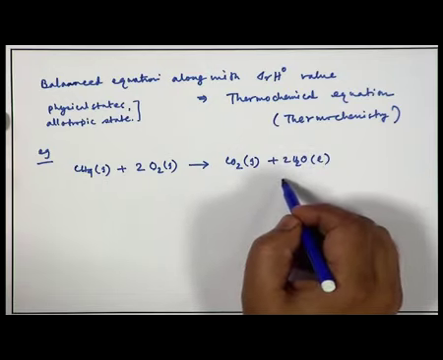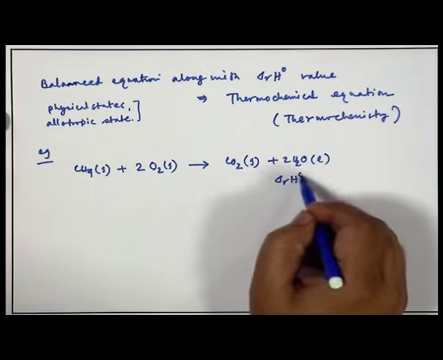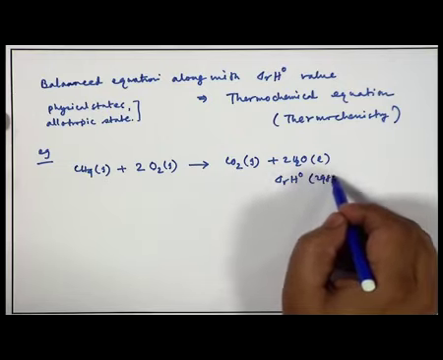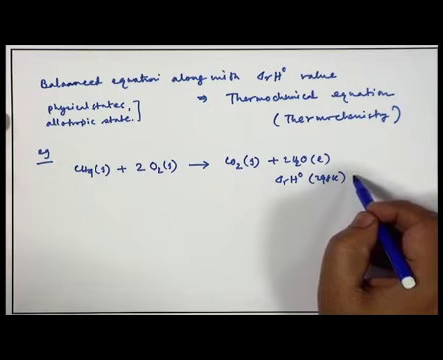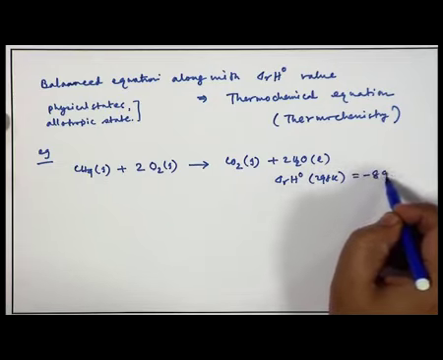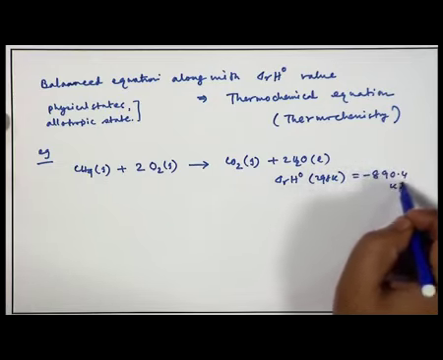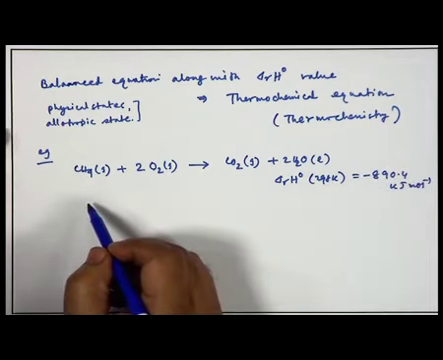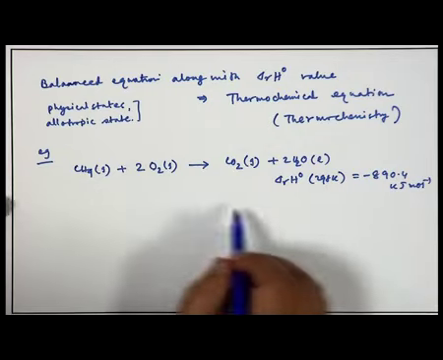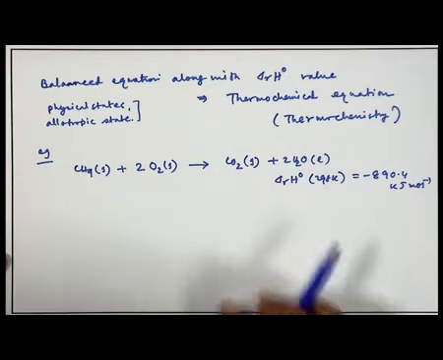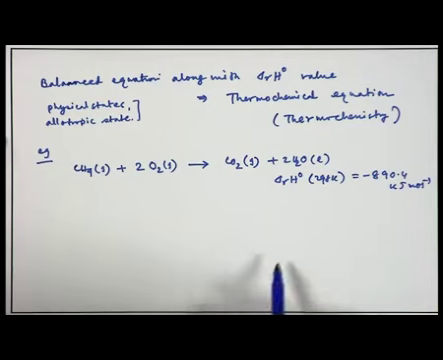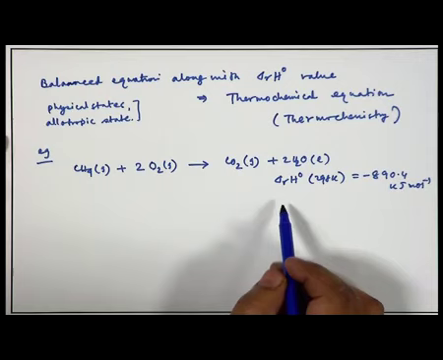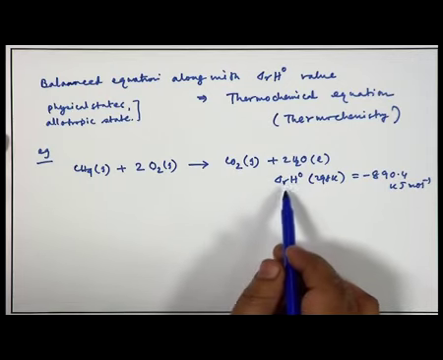Now, in this case we are also giving the value for the enthalpy of reaction. It is better to write what temperature it is, 890.4 kilojoule per mole. So, this entire thing is called a thermochemical reaction, and there are a few things you should remember or keep in mind about this thermochemical reaction and the property of delta H reaction.